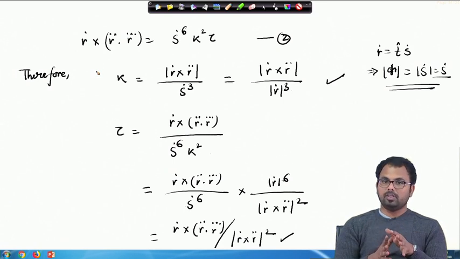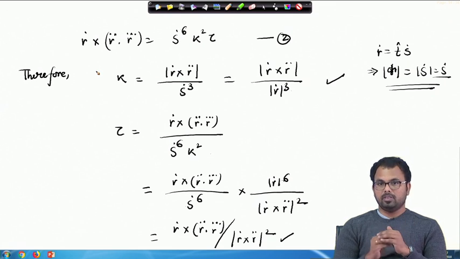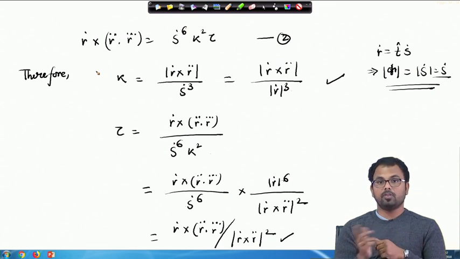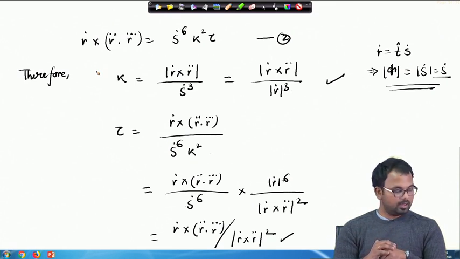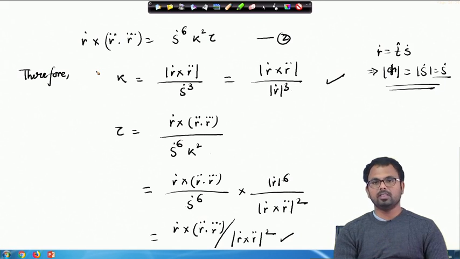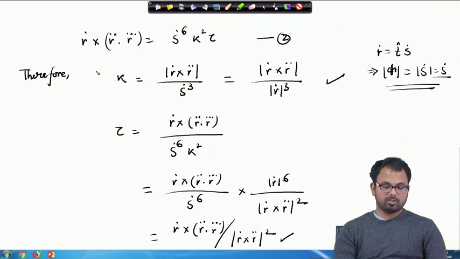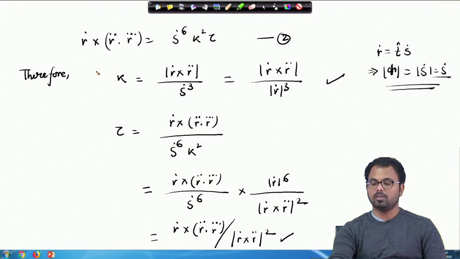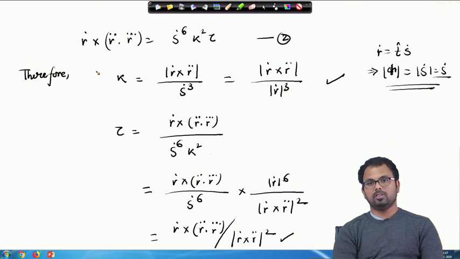Then we calculate these dot products and cross products, and divide by the mod of the cross product whole square, and that will give us the torsion. Similarly for the curvature, we calculate the mod of r dot cross r double dot divided by mod r dot whole cube, and that will give us the curvature.